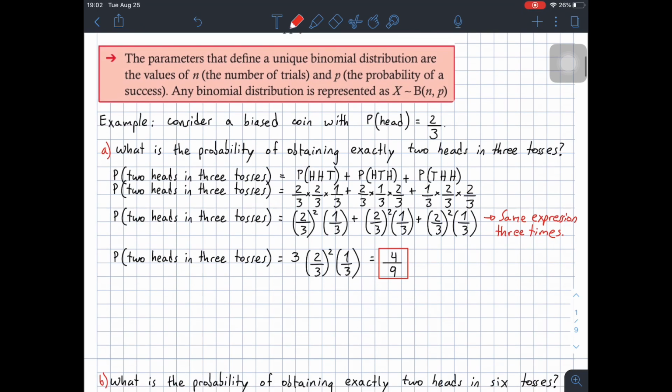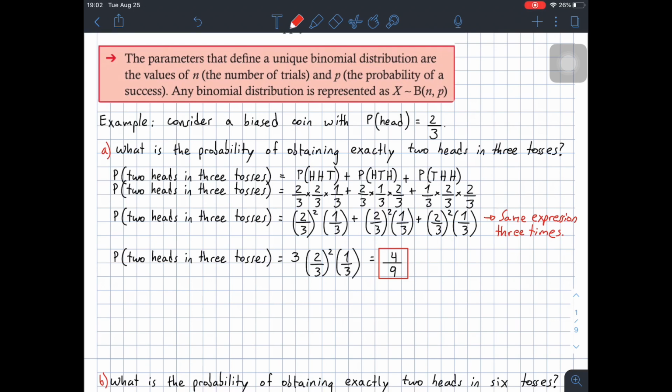If we organize these terms, we see that this is 2/3 squared times 1/3. Then again, this is 2/3 squared times 1/3. And finally, this again is 2/3 squared times 1/3. So we have the same expression written three times.